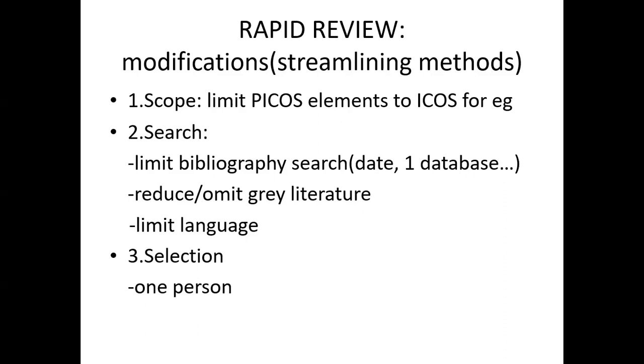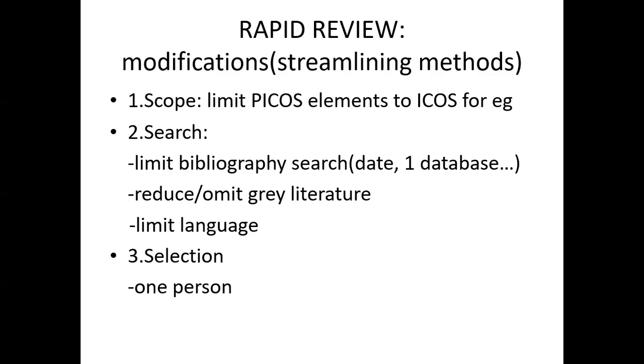On search, normally we have to do the search in at least 2 databases, more than 1 database. But for a rapid review, you need just 1 database. You can even limit the time of the search. When you are searching, instead of going for 5 years, 10 years, 20 years, you reduce to less than 5 years or 2 years, so that you also reduce the number of studies that you are going through.